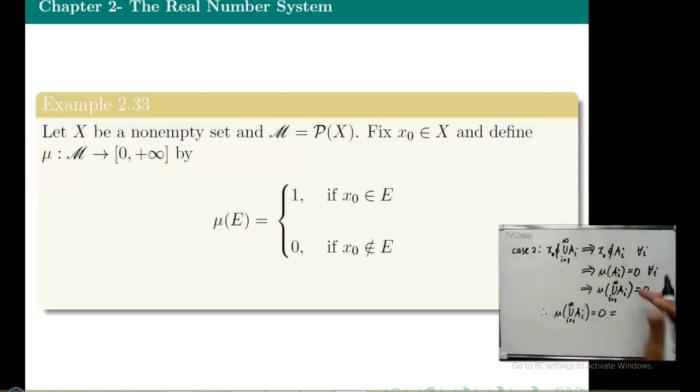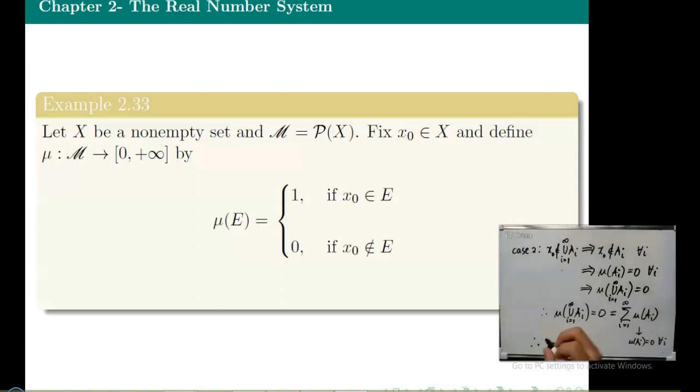which is equal to, if you get the summation of this, 0 plus 0 plus 0 and so on, of course equal to 0, where i is from 1 to infinity. So here, since mu of A sub i is equal to 0 for all i, we're done showing the first and the second conditions.